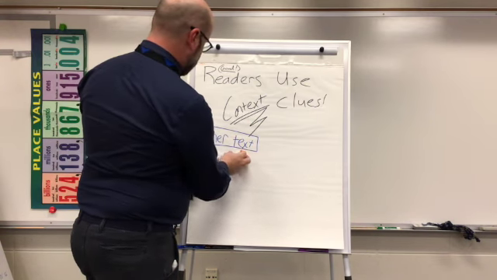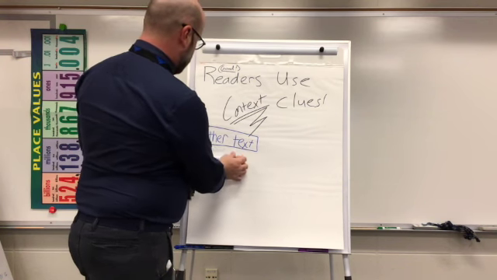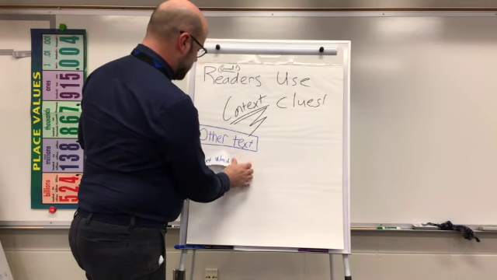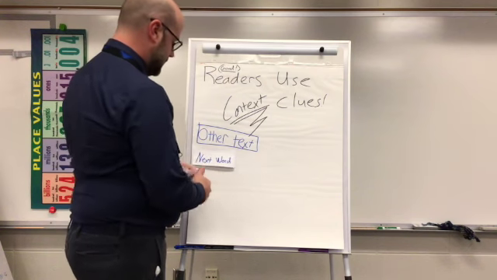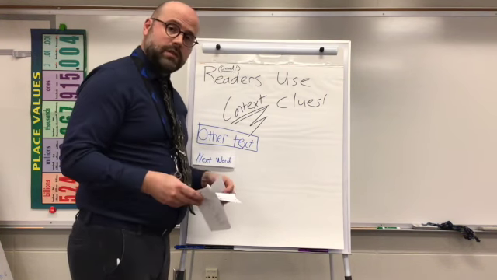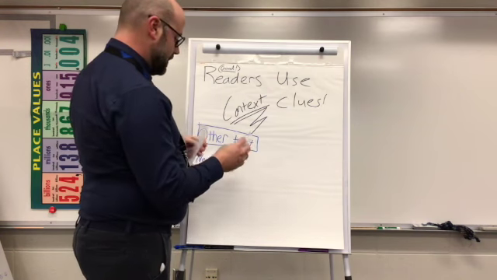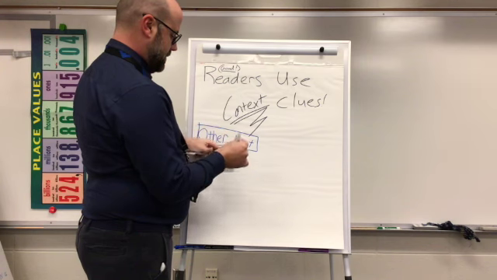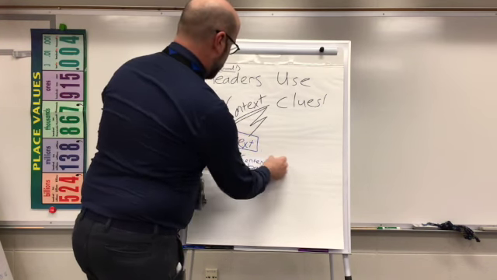This one says next word. So you come across a word you don't know the meaning of. Look at the next word in the sentence. Does that explain the meaning of it? Does that tell you? Or maybe you need to look at the sentence before.